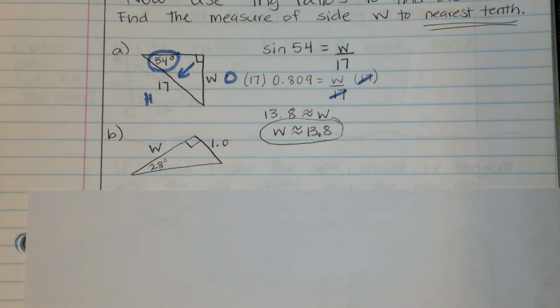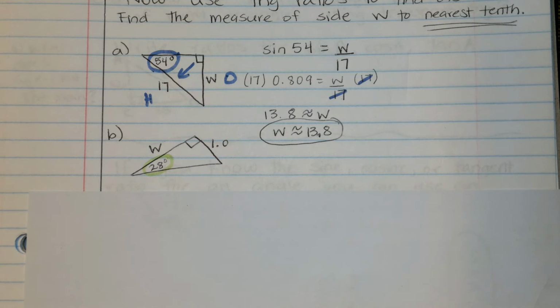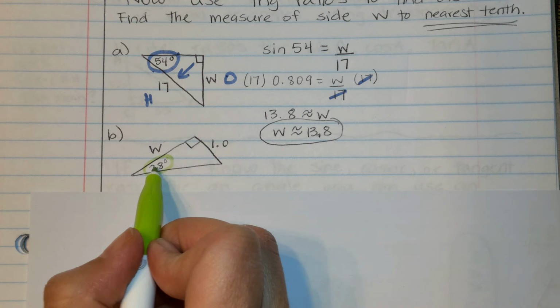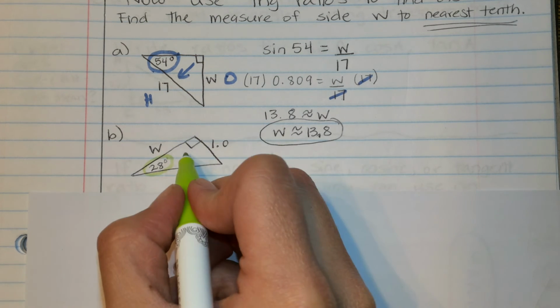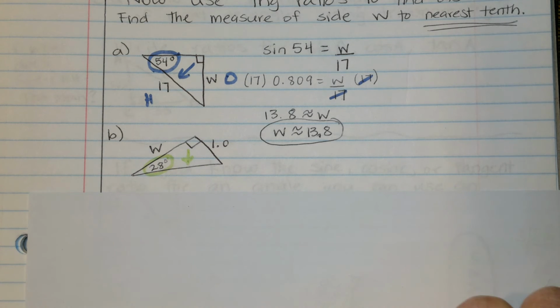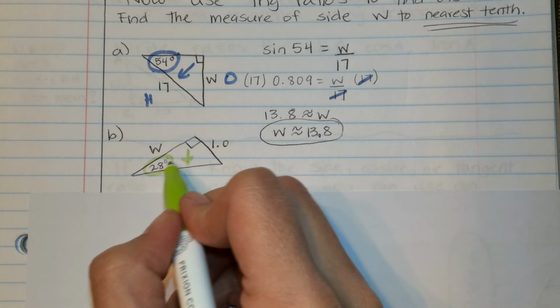So just like we did on the last one, I'm going to circle the 28 degrees. So I always circle the angle given because it's like looking at it from this perspective. I don't have hypotenuse given. It would be across from the right angle, but there's nothing written there. So what I do have is opposite.